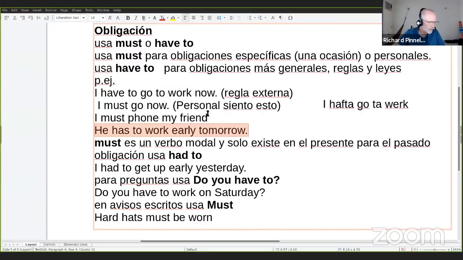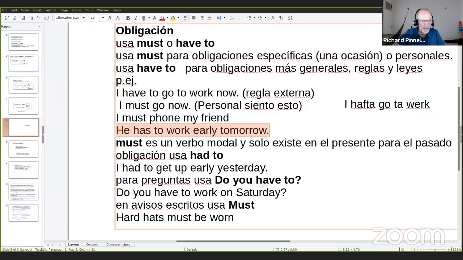Nancy. He has to work early tomorrow. Is someone eating in the class? Comiendo en la clase? No. Escucha. No, es que estamos viendo unas bolsas, Israel. Oh, okay. Who didn't repeat? Ricardo. He has to work early tomorrow. Very good. Okay, vamos a seguir con la próxima pantalla.